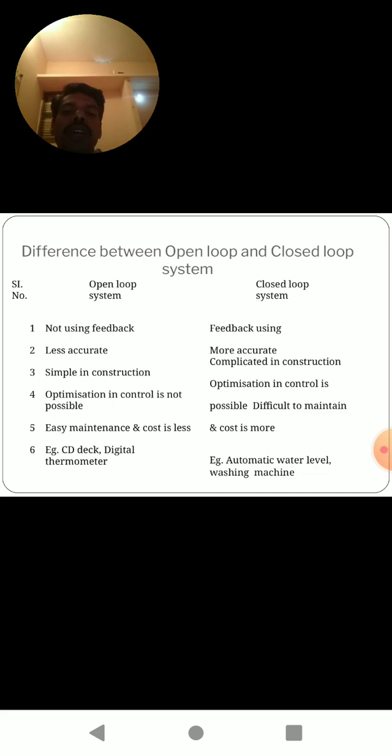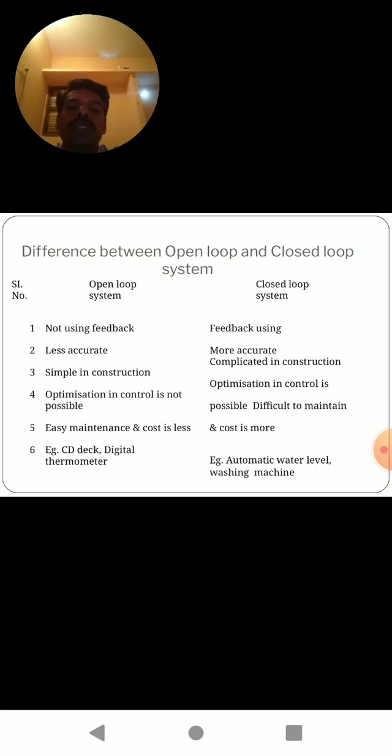In an open loop system, optimization of control is not possible because there is no feedback system. In a closed loop system, optimization of control is possible. In an open loop system, maintenance is easy and cost is very low because of the minimal number of components. In a closed loop system, cost is higher and it is difficult to maintain because of the many elements involved.